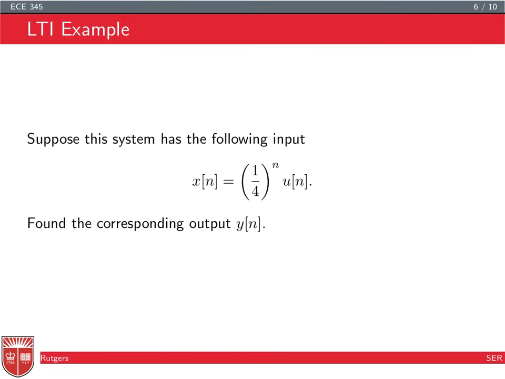So now that we have the impulse response and the frequency response, we have a new question. Suppose that the input to this filter is x[n], which is (1/4)^n u[n]. Find the corresponding output y[n].